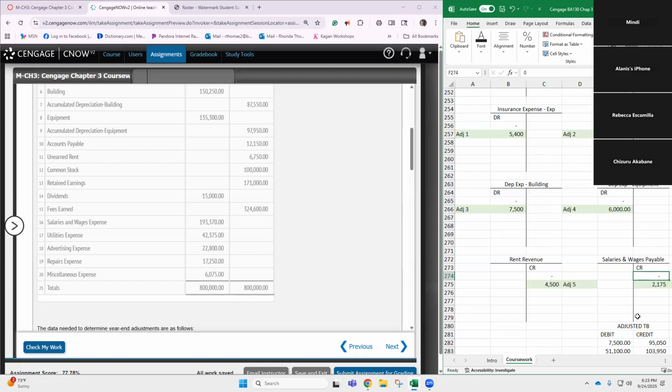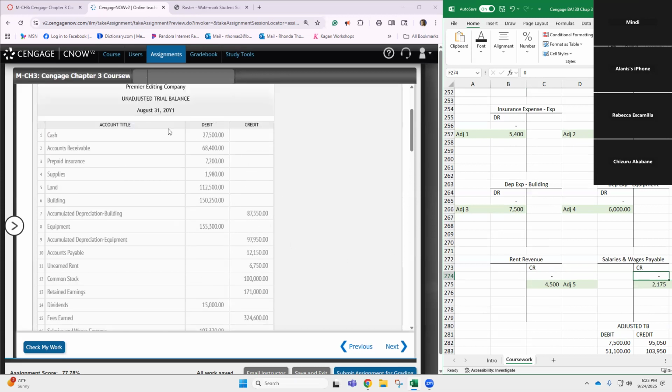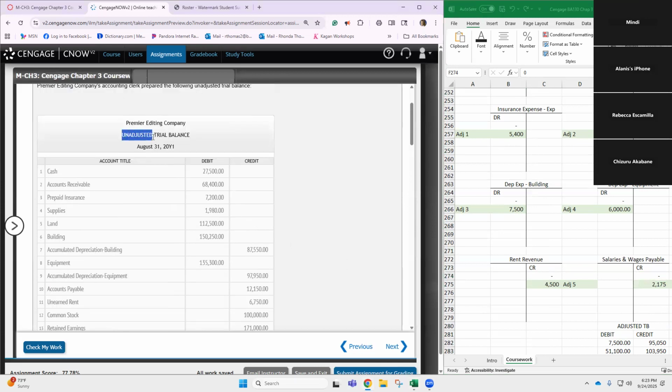Okay, so you've got the ledger sitting right there in front of you. That's all the account balances that we put together for this. What is this one called? Unadjusted trial balance, right? So that's what you're seeing on your sheet of paper right here.